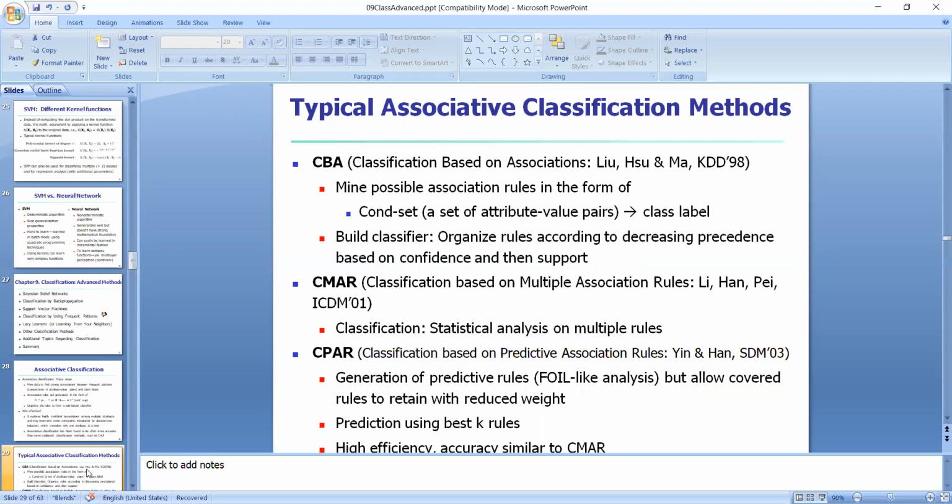CBA uses a heuristic approach to construct the classifier, where the rules are organized according to decreasing precedence based on their confidence and support. So if a set of rules needs to be considered, first we check which has the highest confidence and highest support. Those rules we add to the decision list of the classifier. In that way we are going to make the classifier.